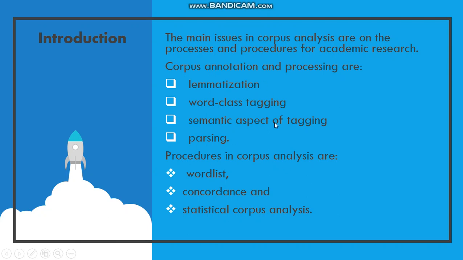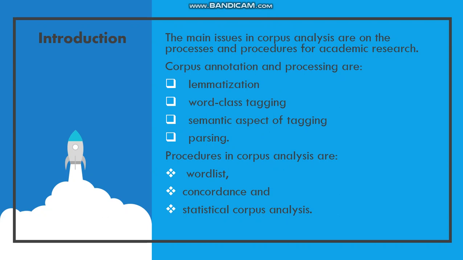In corpus annotation and processing, after you input the data that you are looking for on your proposed English corpora, for example BNC or COCA or other types, you are going to choose which is the proper way to do the annotation and processing. We have lemmatization, word class tagging, semantic tagging, and parsing.